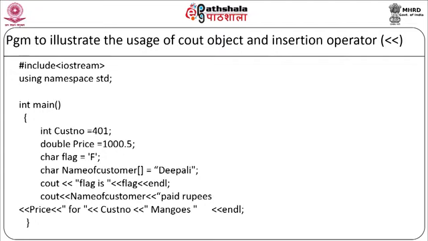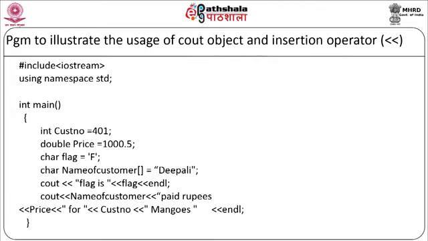So it will display the cascading result: the name of the customer will be the customer name entered by the user, "paid rupees" will be the message, the price will be given by the user or assigned to the price variable, then the customer number which is assigned to customer number, and "mangoes" will be the text.